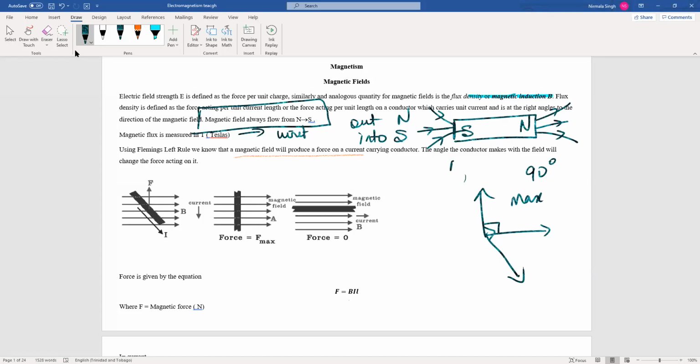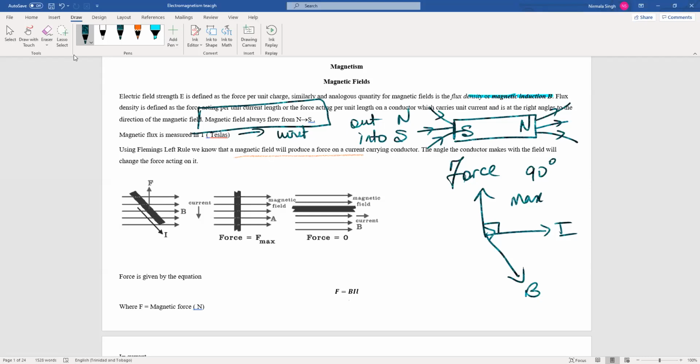Fleming's left-hand rule tells you about force being exerted on a current carrying conductor. So let's look at diagram 1. When your wire is at an angle to the magnetic field, given here by B, that's your flux density or magnetic induction. At our level, we just say it as how strong your magnetic field is.